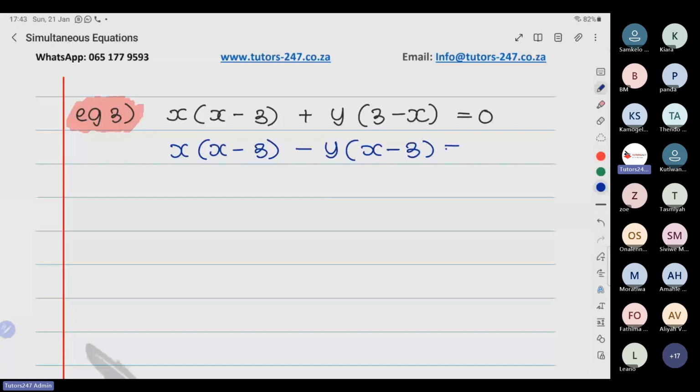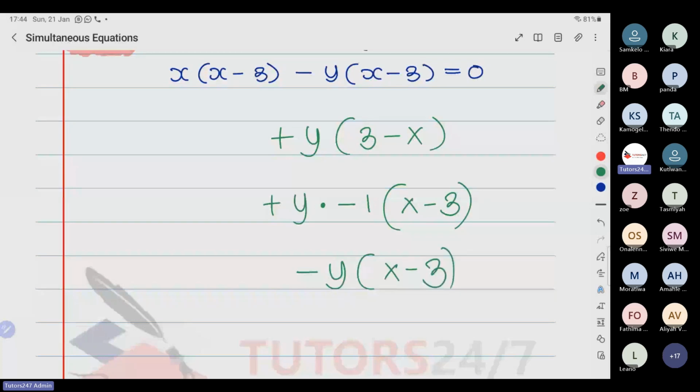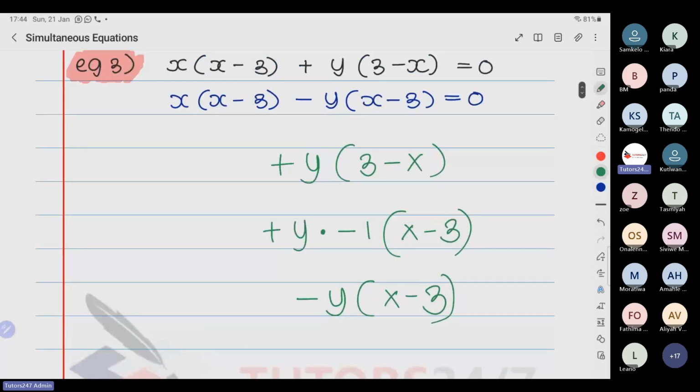Now, if you are confused on why we have -y, keep in mind it was originally +y into 3 minus x. If you take out a common factor, you bring down the y, you multiply it by the common factor, because the common factor goes in front of the bracket, right? And we know that +y times -1 is -y, and that is why we have -y into x minus 3.